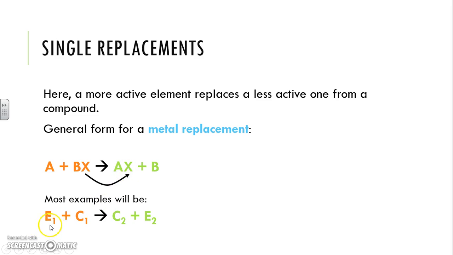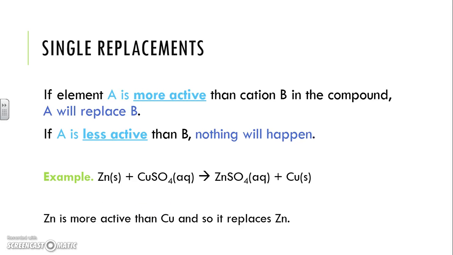A lot of the examples will be one element reacting with one compound to form a new compound and a new element. If an element is more reactive than the cation B that's in the compound, then A will replace B. However, if A is less reactive than B, nothing will happen.